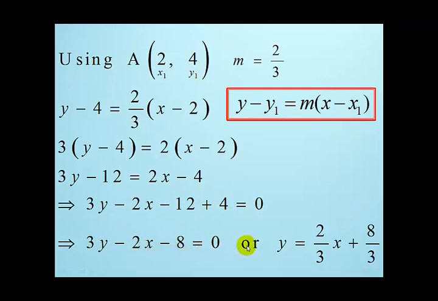Or you can make y the subject from the equation 3y minus 2x minus 8 equals 0. And in making y the subject, we have y equals 2 over 3 x plus 8 over 3. That is how we find the equation of a line when you are given 2 points on the line.